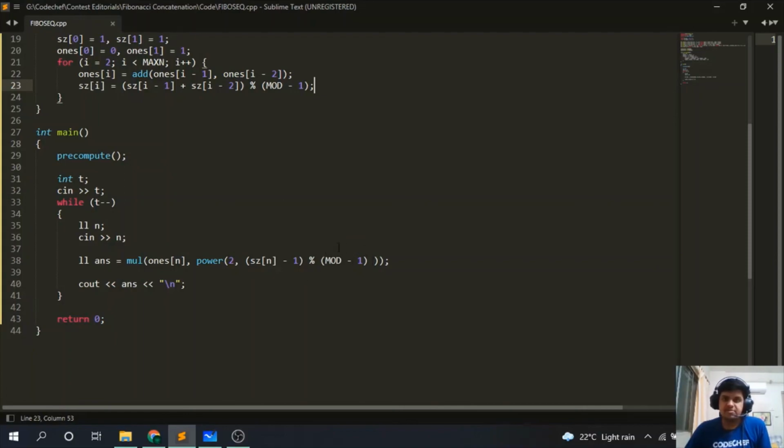So this is just as we discussed, the application of Fermat's little theorem. So basically we are writing ones into 2 to the power sz minus 1 mod mod minus 1. So this is the answer, and we will print the answer on a new line.